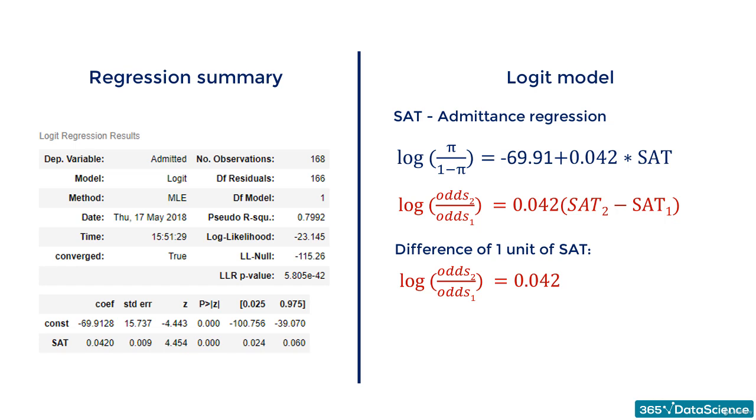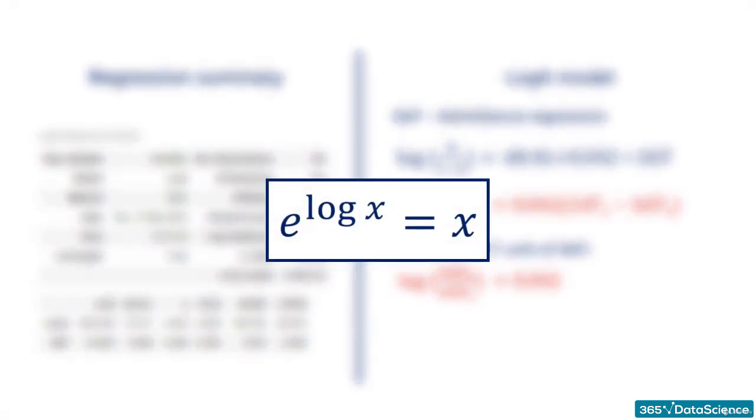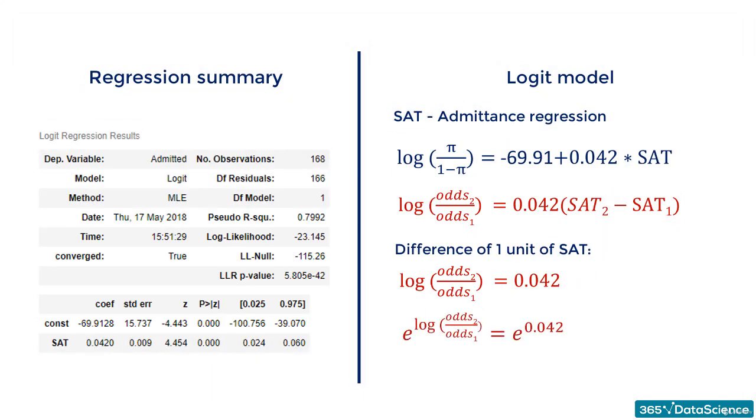To solve this equation, we must take the exponential of the two sides, as the exponential of log of x equals x by definition. In this way, we will simplify the expression further. In the end, we get odds 2 divided by odds 1 equals e to the power of 0.042, or 1.042.